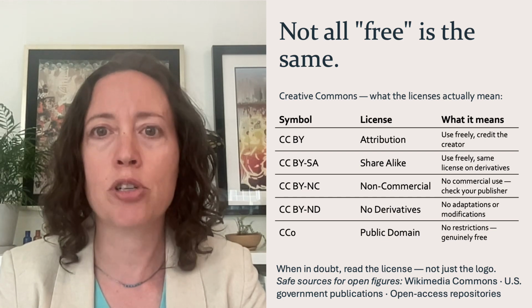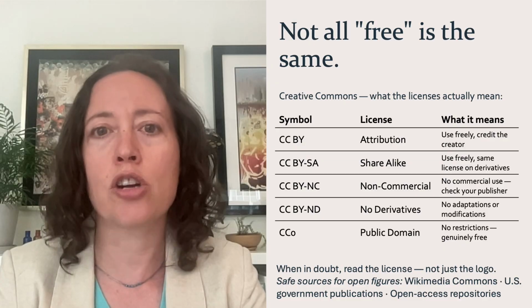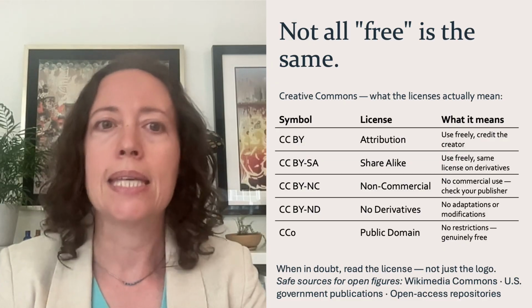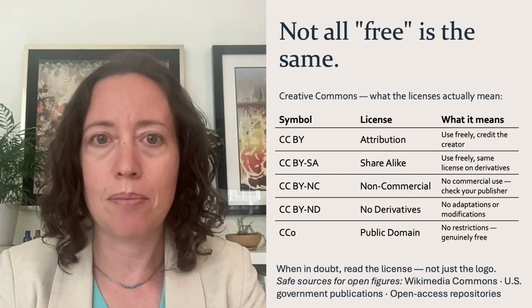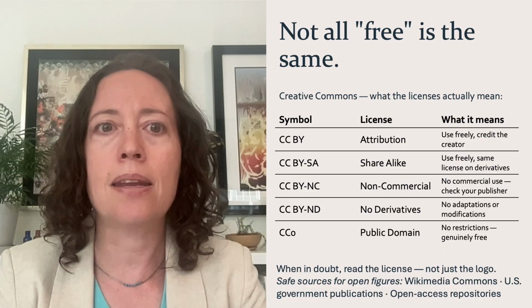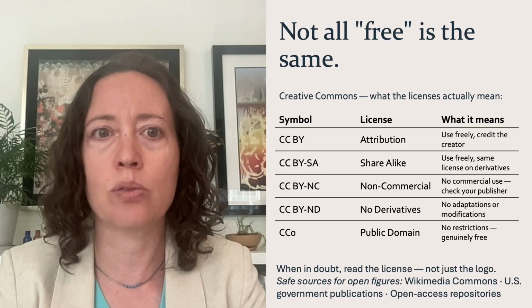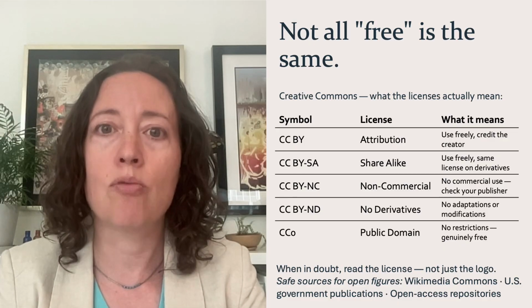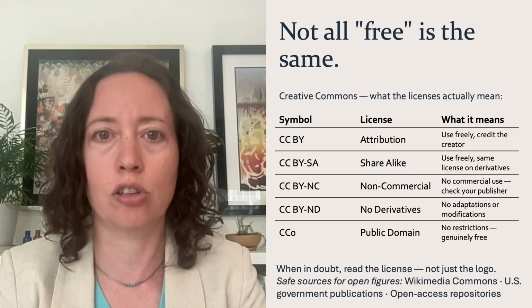And depending on your publisher, your book chapter or your journal article might count as commercial, so it's worth checking. CC BY-ND means no derivatives, so you can't adapt or modify the figure. And CC0 means the creator has waived all rights. That one is genuinely free. The takeaway: read the actual license, not just the logo.